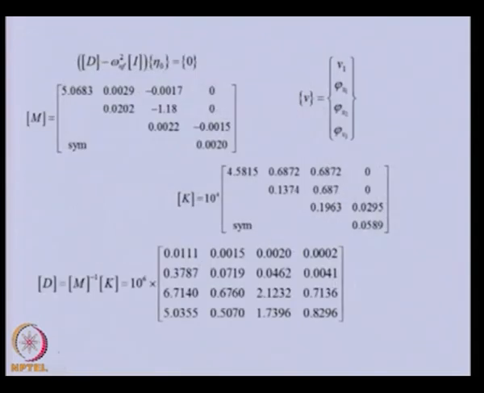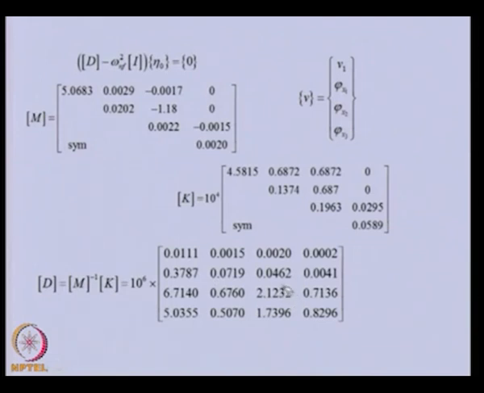Now again we can take the inverse of K, so that we will get the D matrix. D is defined as inverse of M into K. So we can obtain the eigenvalues of this D matrix, which is M inverse into K. This will give us the eigenvalues and eigenvectors.